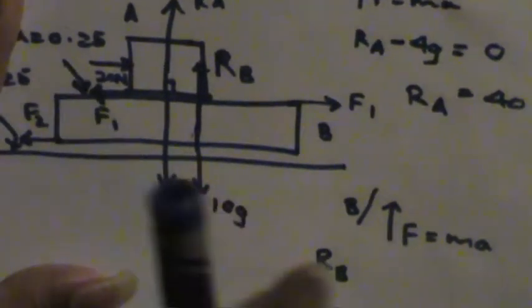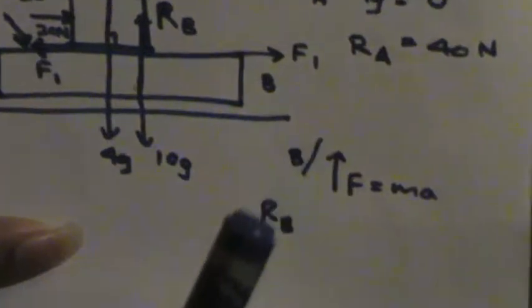So the total force downwards is 14g. Considering there is no acceleration in the vertical direction, ma equals 0. So if g is equal to 10, Rb is 140 newtons.